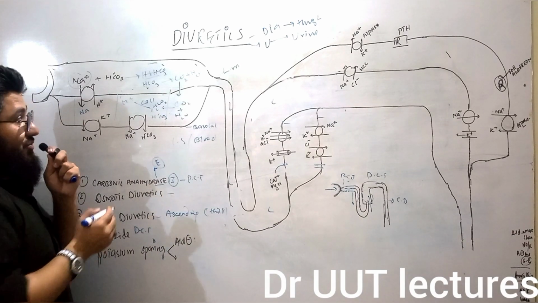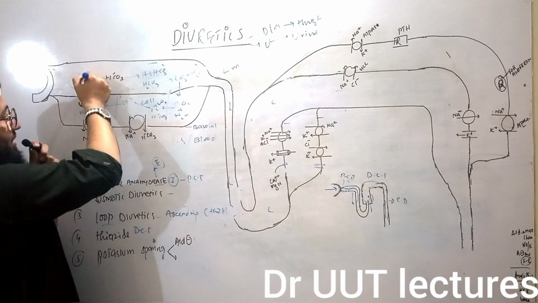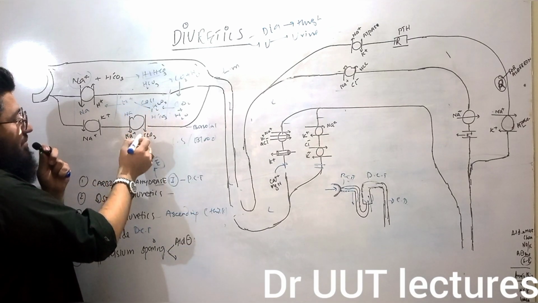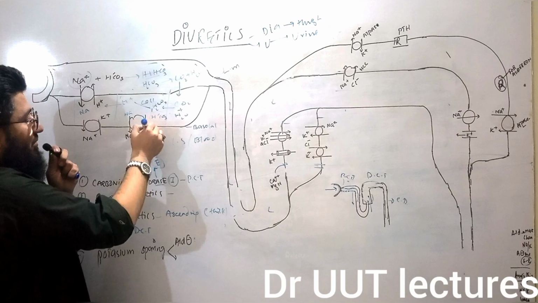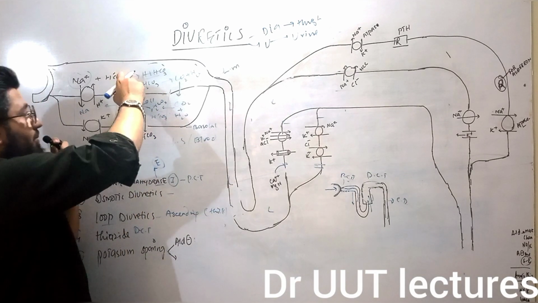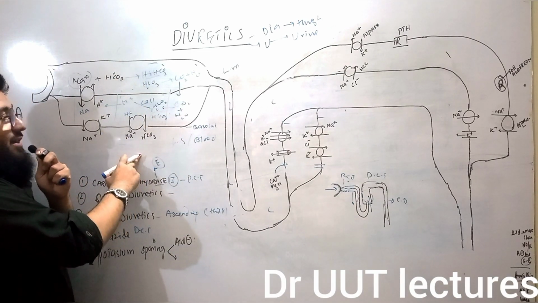Now this hydrogen will start moving back, bringing more sodium, and that sodium will be transported by the symport transporter for sodium and bicarbonate. This bicarbonate will move into the interstitium or blood. So from the lumen into the cells, and from the cells into the interstitium or blood.